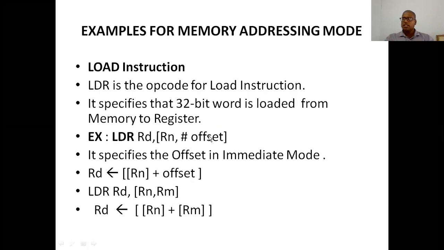The hash indicates an immediate value. That means it may be something like 10, 12, 15, 5, some value. Now Rn is a register. As we have discussed previously, a register is nothing but a group of flip-flops, and registers are used to store the data.